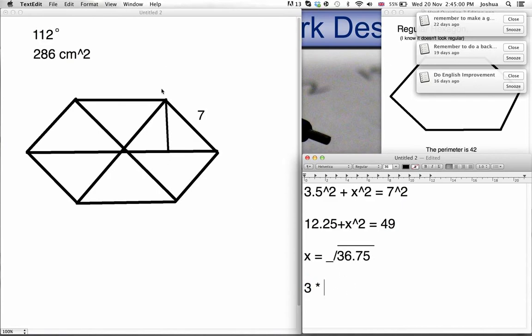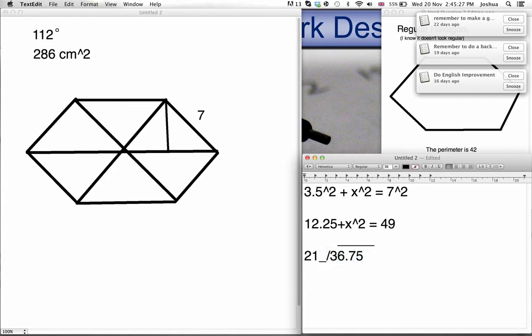And then you have 7 times the height, which is the square root of 36.75. So you'd get 3 times 7 times that, which is 21 root 36.75. That would be your answer, and that's the area.